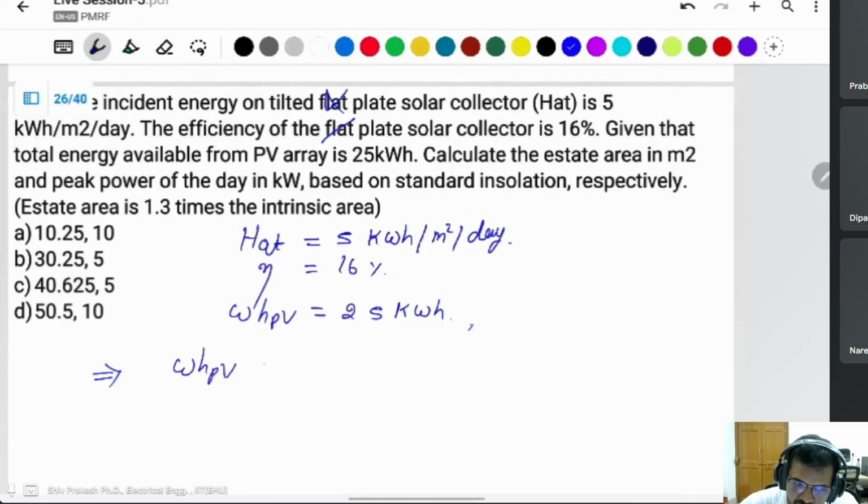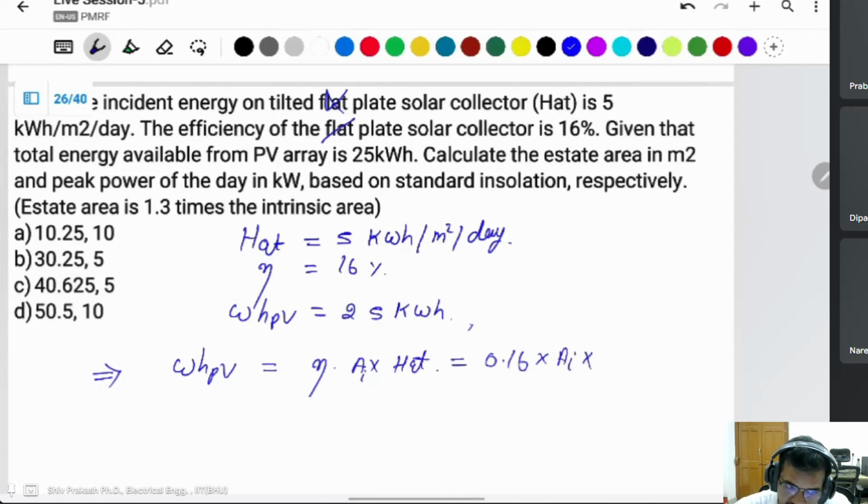Watt hour PV, this will be input: efficiency into area into insulation. We consider it per day, like HAT. This will be the intrinsic area only. Efficiency is given, 16%. Area you have to calculate.